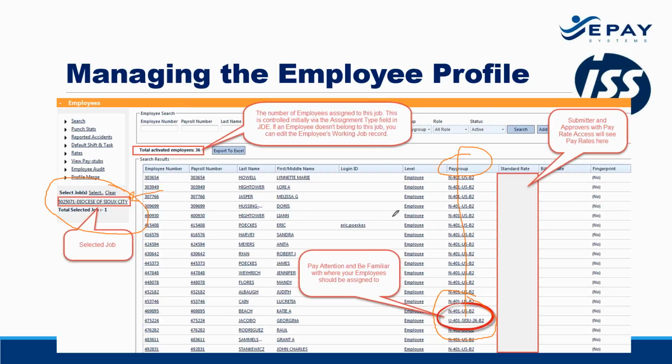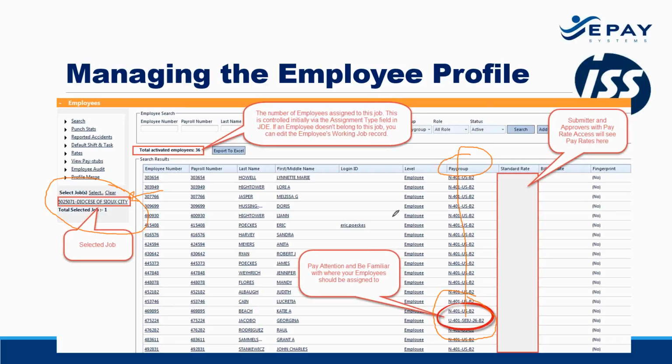So if all these employees are truly working just this job, they should probably all have the same pay group, unless you have a mix of union and non-union employees, which is very rare, but we do have that in a couple situations around the country. Typically, our jobs are all non-union or all union, with a few mixed situations out there.